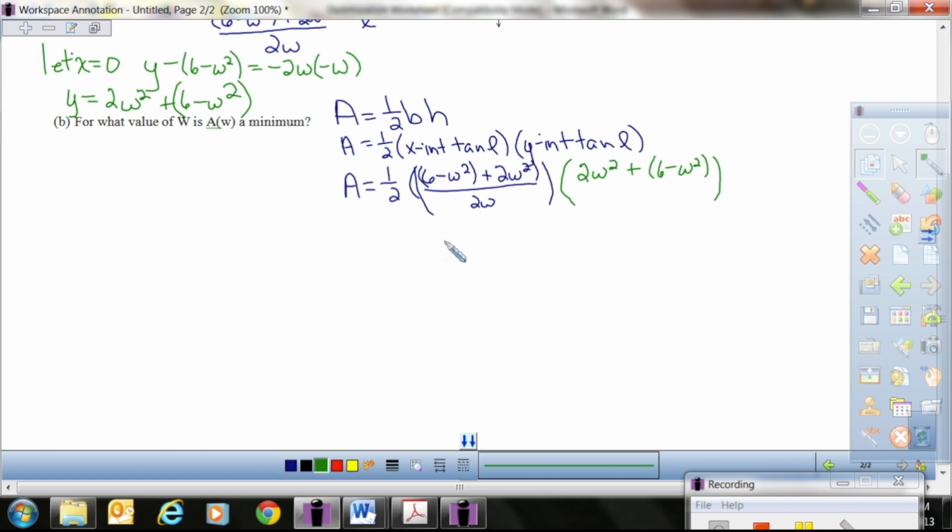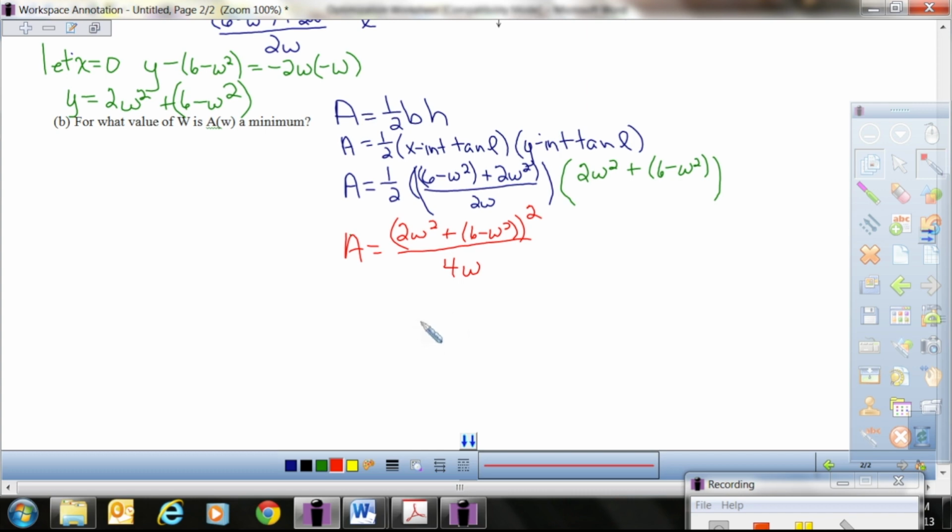We're going to actually use our calculator to find the root of a derivative and all of that. You can do this by hand, but I do not do this by hand. Let's notice that this is the same thing. So really I have 2w squared plus 6 minus w squared, all squared, and then I have 1/2 times 2w, which is 4w.